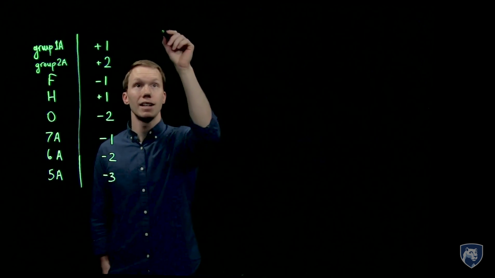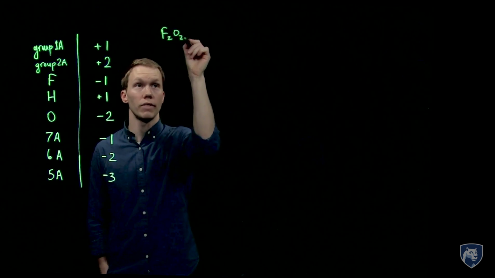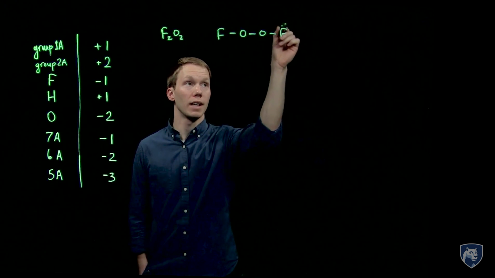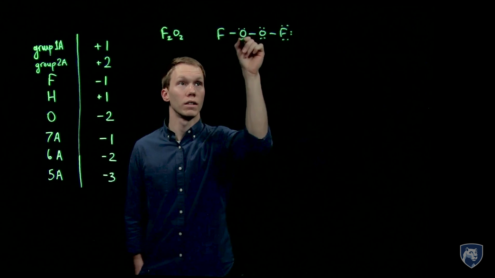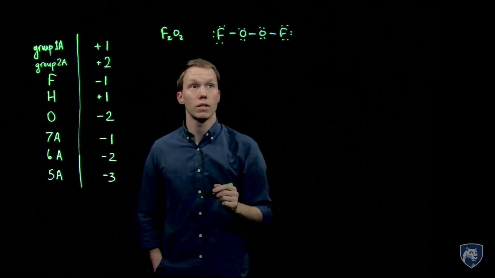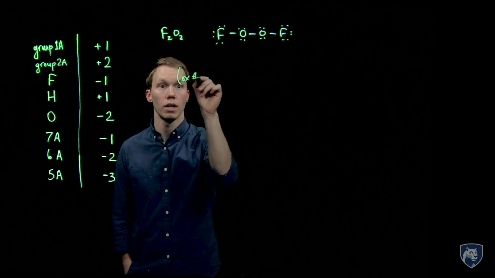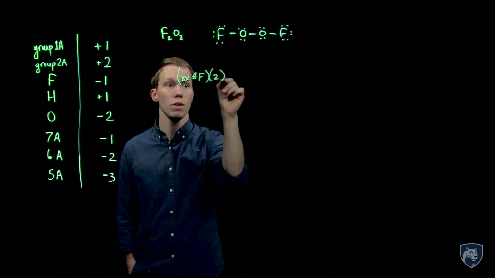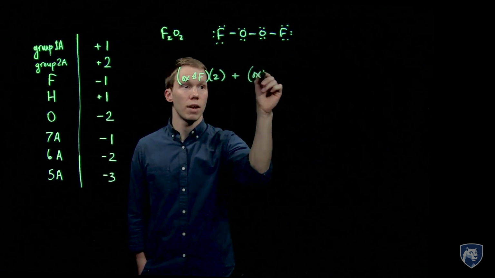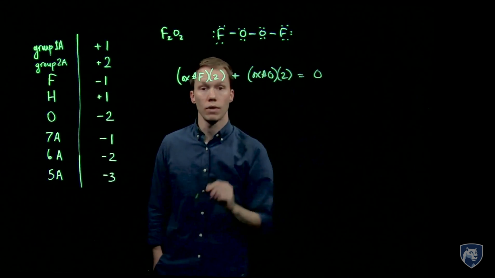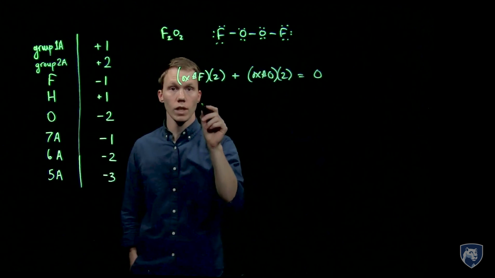Another one we'll look at is the fluorine derivative of hydrogen peroxide. So we would have a Lewis structure that looks like this. And we can assign the oxidation numbers the same way. So the oxidation number of fluorine times 2 plus the oxidation number of oxygen times 2 equals 0, the charge. Okay?